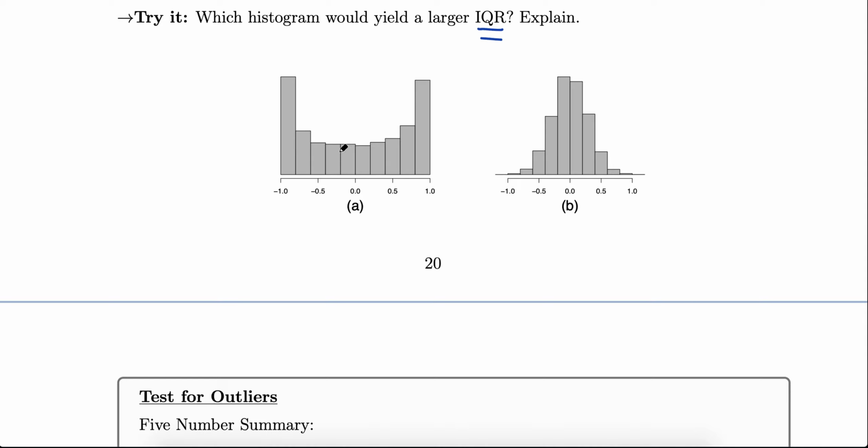So if you look at the first one, there's not a lot of data in the middle. So I'm going to have to go out further in either direction to get 50% of the observations, because there's, again, not as much data in the middle.